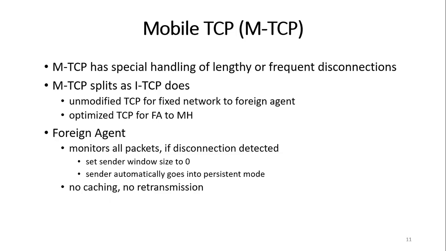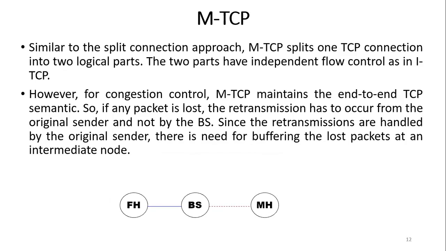Then how does it work? How does it take care of the wireless link, which can go out of coverage? Maybe I go this way. It has this split connection approach, type is split, two parts, but only for flow control. Remember that we had two different things.